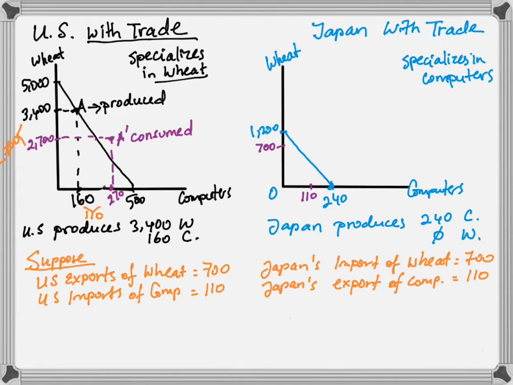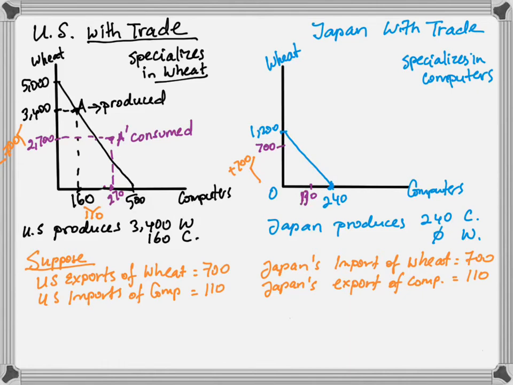What happened in Japan? Japan imports 700 tons of wheat from the United States, so that is coming from the US. That's 700 tons of wheat. Now the Japanese people can consume 700 tons of wheat, but since Japan exported 110 computers to the United States, Japan now has 130 computers.